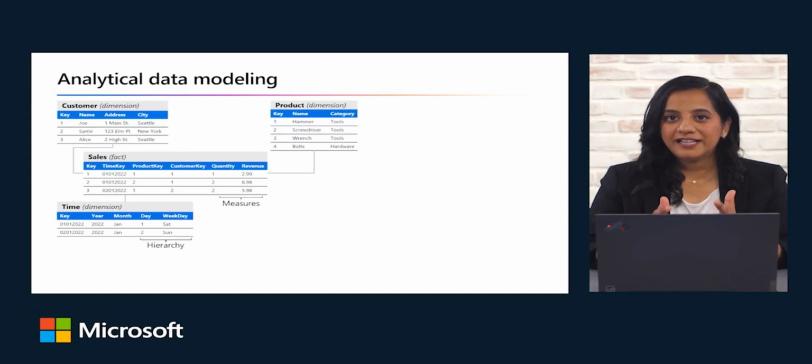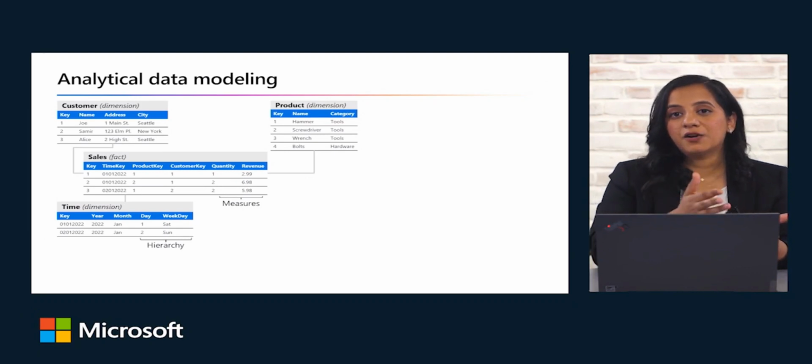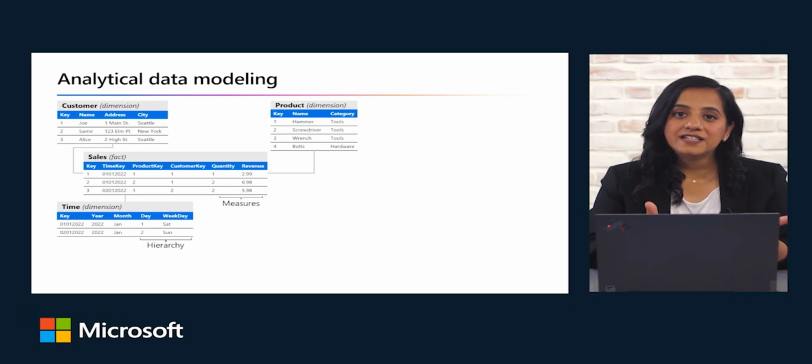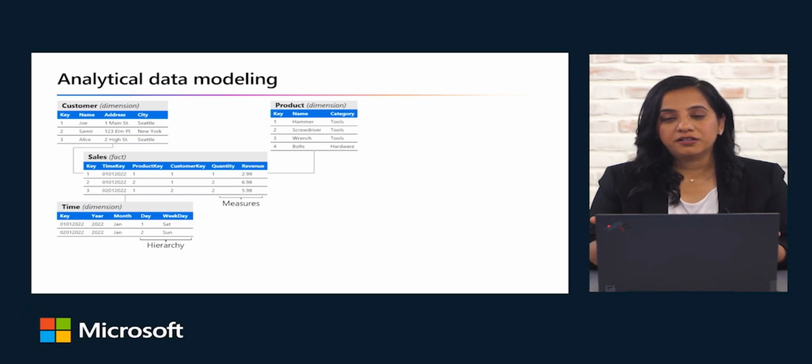Analytical models enable you to structure data to support analysis. Models are based on related tables of data and define the numeric values that you want to analyze or report on, and the entities by which you want to aggregate them. The numeric values are known as measures, and the entities are known as dimensions.